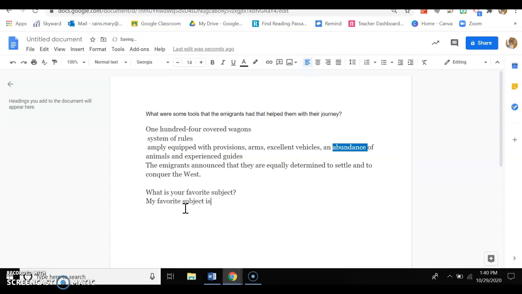And you're using all of the same language that's in that question. That's what it means by restate and answer. So you're basically restating or rewording your question so that it's not a question anymore, it's an actual sentence. So my favorite subject is, and then the answer part of that would just be in the same sentence.